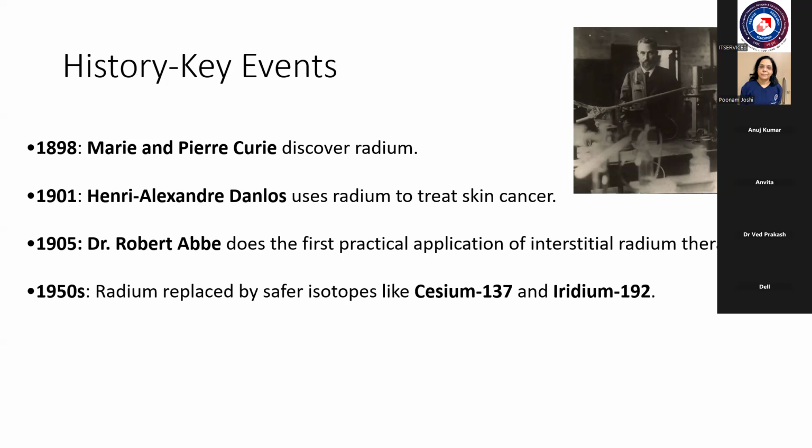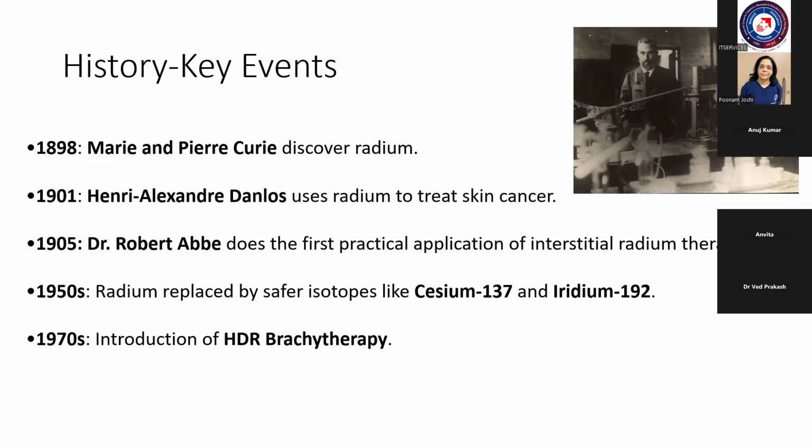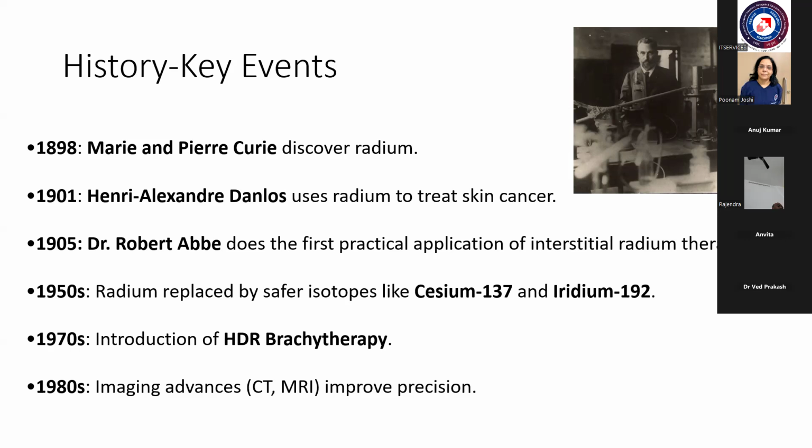In the 1950s, radium, as we know, was hazardous and started getting replaced by safer isotopes like cesium-137 and iridium-192. In the 1970s, there was the introduction of HDR brachytherapy, and in the 1980s, imaging advances improved precision in brachytherapy.